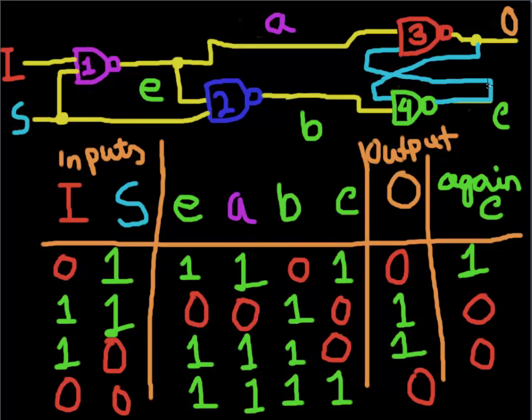And as C is 1 and A is 1, output O will again be 0 and it will keep being 0 and it will not be changed. And now again C will become 1 because one of their input is 1 and B is 1, and as output O is off, C will now again be off. From output logic gate 3 produces a 0, so O is 0, and from there travels to logic gate 4 and again makes C off.